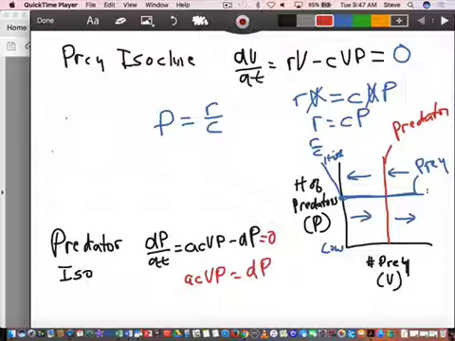What can we get rid of? The P's. Solve for what? V, or prey. V equals what? D over AC. Where do I put that equilibrium point?